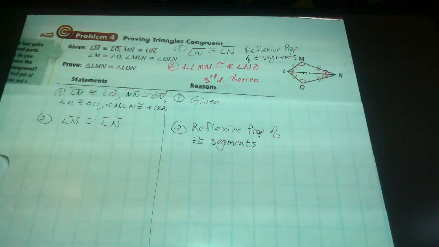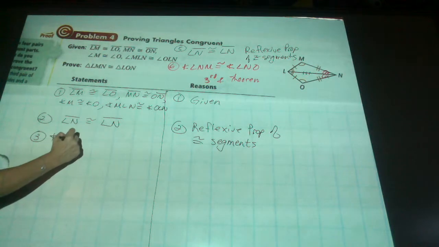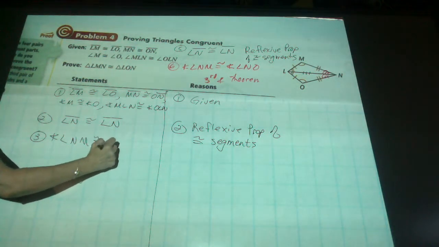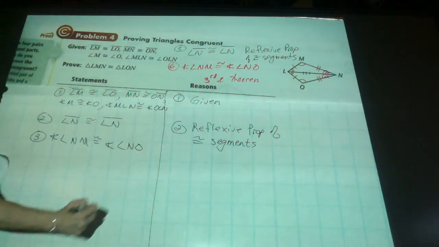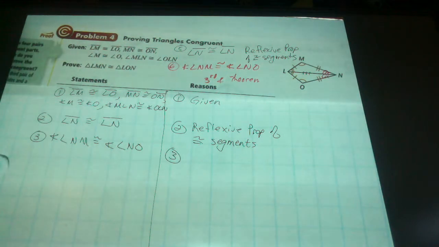If it were angles, you'd say congruent angles. Then our third step was what came next. Angle LMN is congruent to angle LON. We cannot use the third angle theorem as a reason. We have to actually state it out.